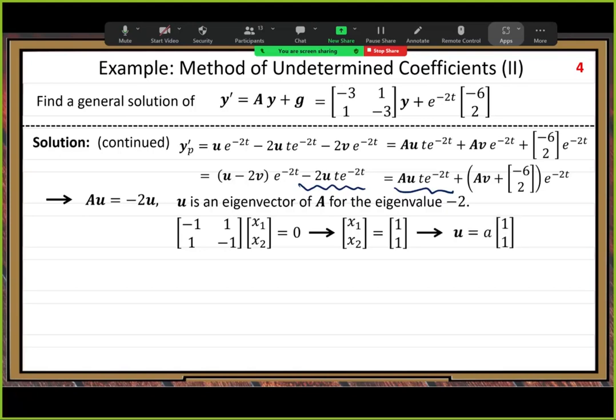But for u, you want to associate a constant A with it. Because remember, our title we call undetermined coefficient. u is undetermined, so we should attach that undetermined A with it.